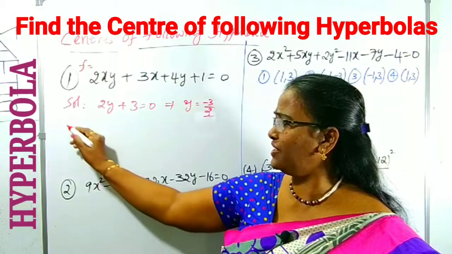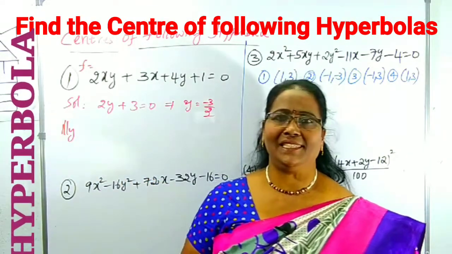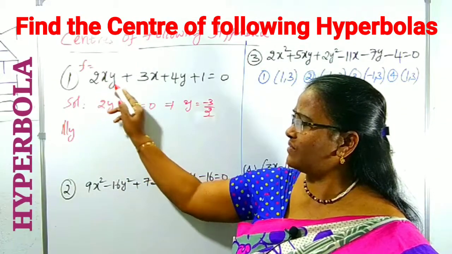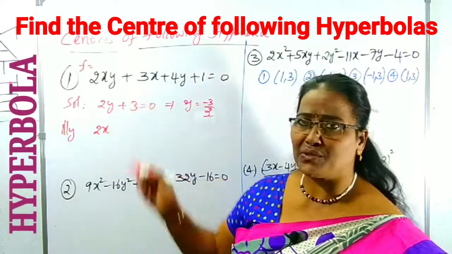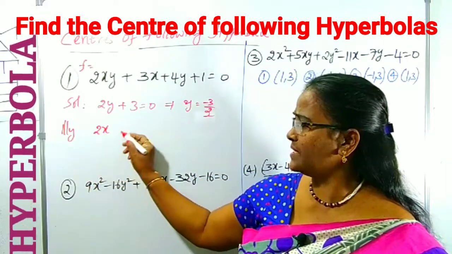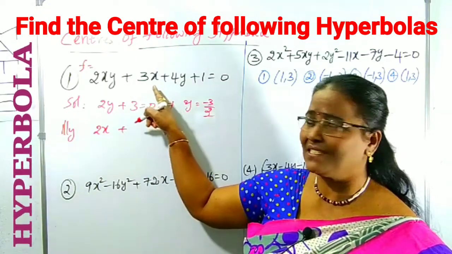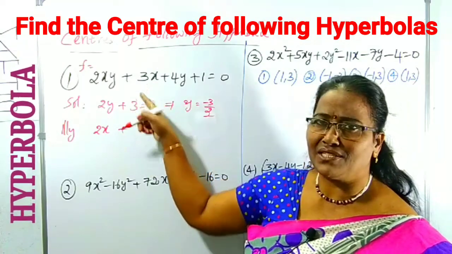In the same way we differentiate with respect to y, treating x as constant. What is the first term? 2xy. Here 2x is constant and the derivative of y is 1, so the first term becomes 2x. 3x is itself constant, so its derivative is 0.